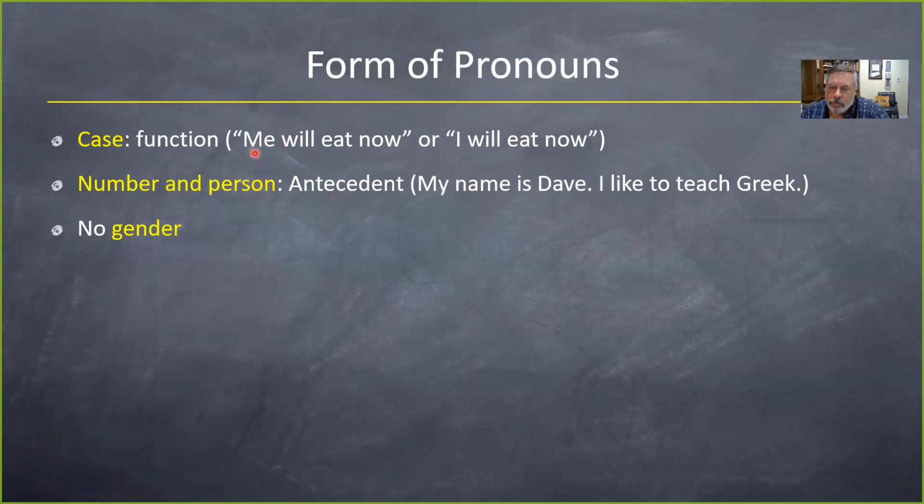So the case is determined by how it's functioning in the sentence. Its number and person is determined by its antecedent. My name is Dave. Well, I like to teach Greek. I is the antecedent of Dave. And there's no gender for first or second person pronouns.